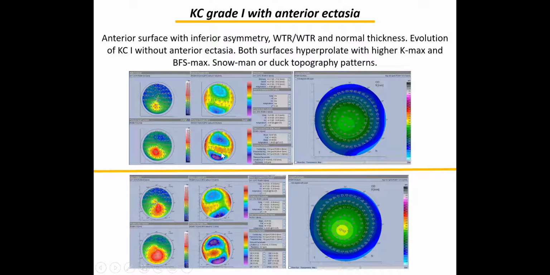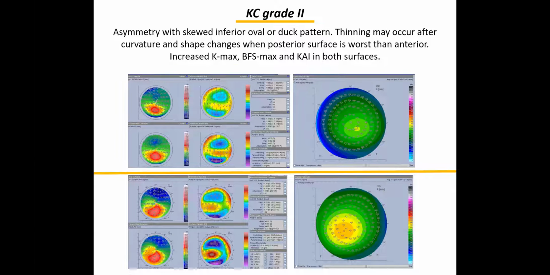You can see with the G1 already the yellow in the center and the initial formation of the fried egg pattern here, still with thick corneas.